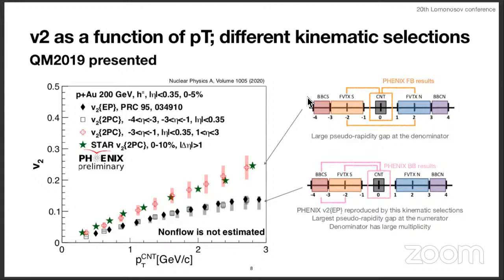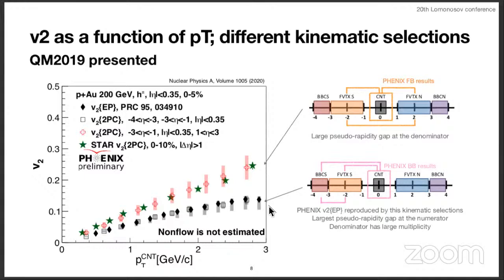As you can see here, the PHENIX BB calculation has a smaller value of the v2 at the same mean rapidity range, the same physics value. And the PHENIX FB result has a little bit larger value, and this difference cannot be explained within the uncertainty ranges.